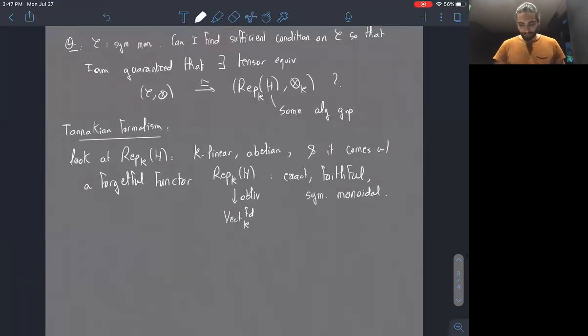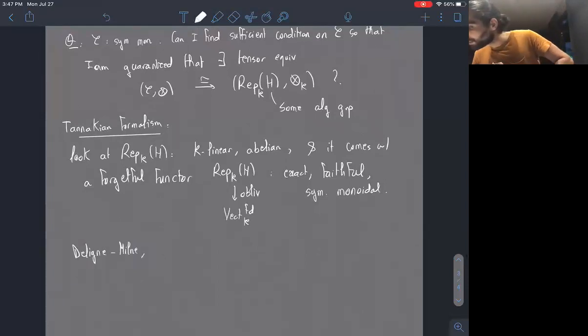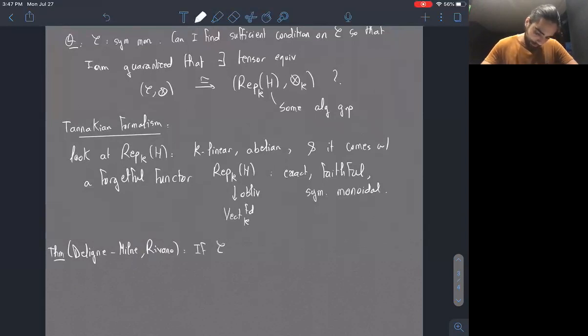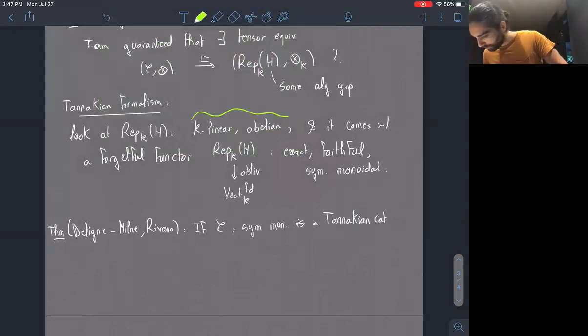And once we've extracted these conditions, work by Deligne, Milne, and Rivano tells us that if I have an abstract symmetric monoidal category with these properties, we call this a Tannakian category.